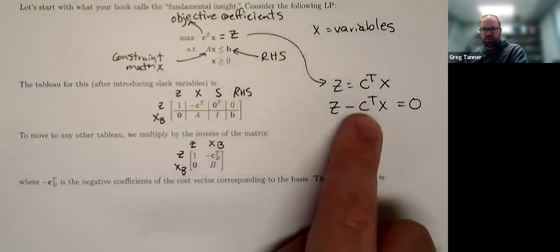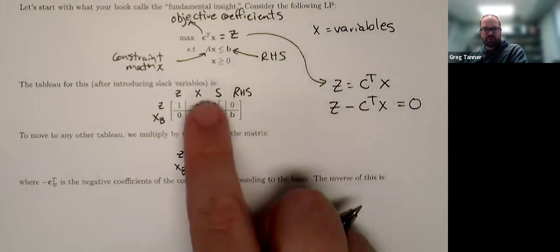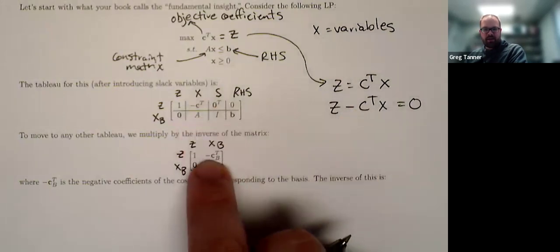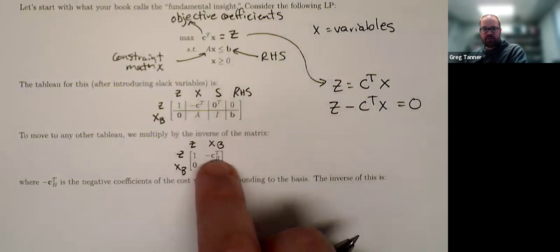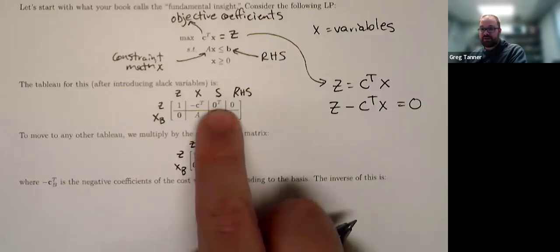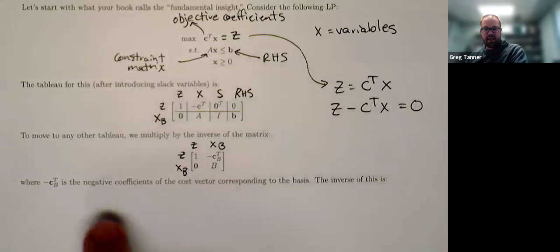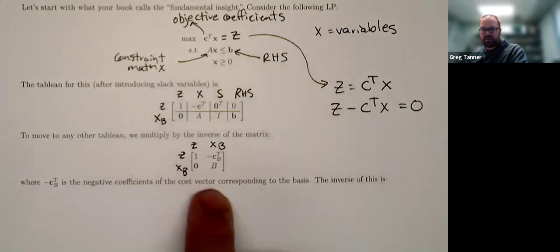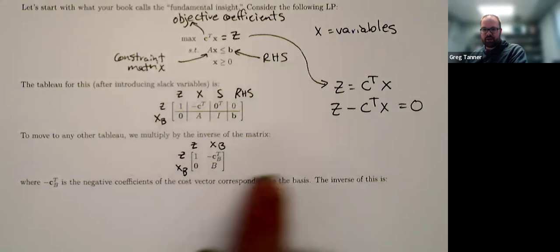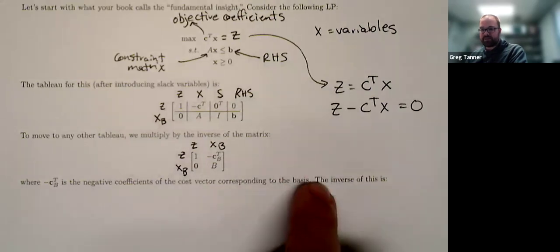So we get the negative coefficients showing up in the top row. And then any of the basic variables are either original variables, and then they'd have a negative of whatever their original coefficient was, or if they were slack variables, they started off with 0 as their coefficient in the objective row. And so this CB is the negative coefficients of the cost vector, the objective vector corresponding to the basis.